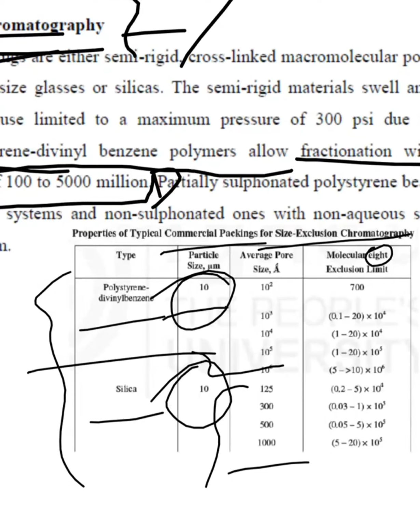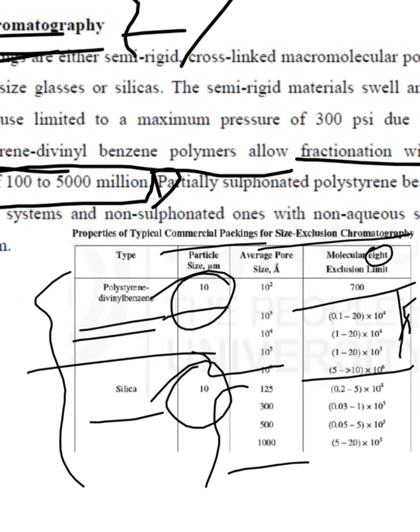for polystyrene divinyl benzene, while you are using it, it can be determined from 700 up to 5 into 10 to the power of 6.